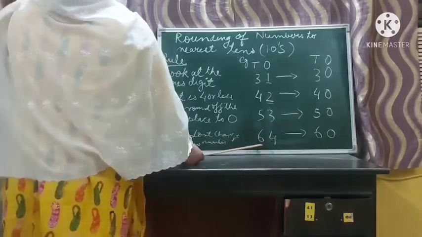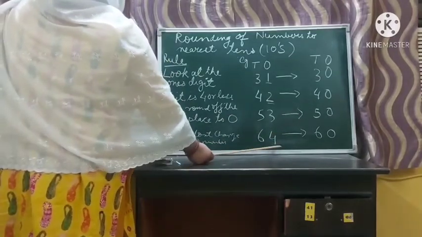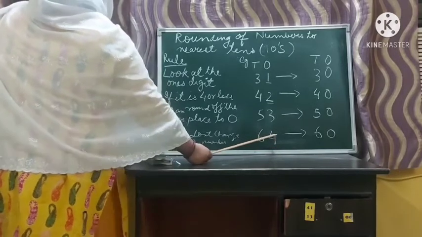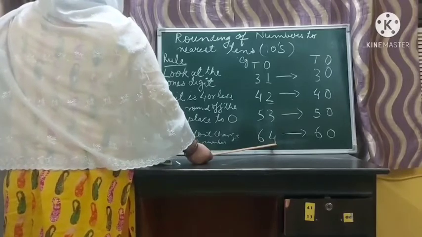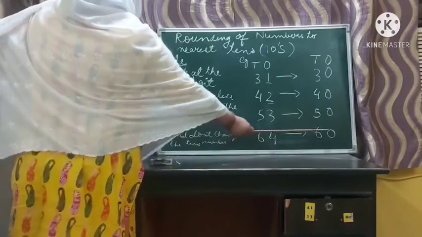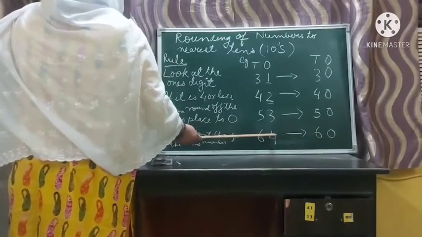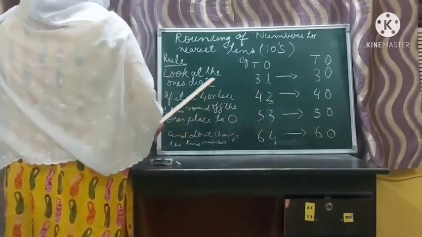Then see the next number, 64. The ones place is 4. So 4 will also be changed into 0. If it is 4 or less than 4, the ones place will be changed into 0. So 4 will become 0 and 6 will be copied as such. So 64 is rounded off to 60. So what is the rule?